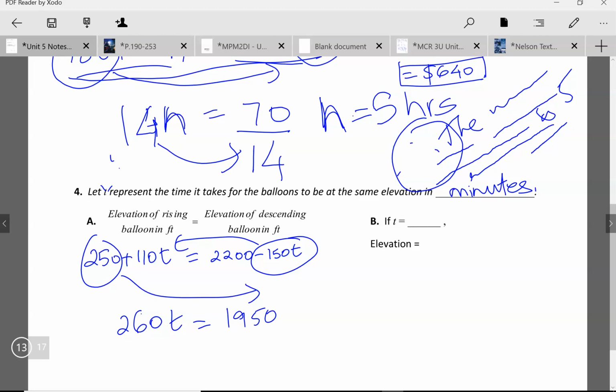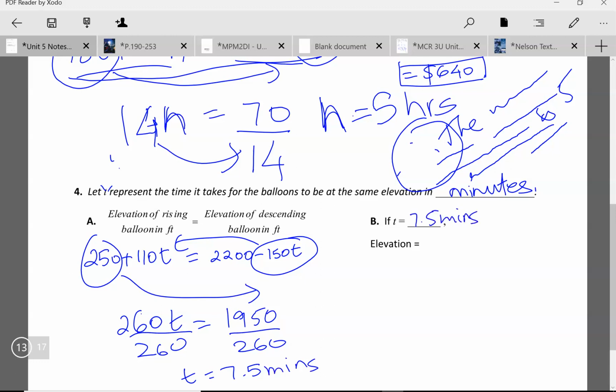This again does not really look like nice numbers, but let's see, what is this going to equal? 1950 divided by 260 is 7.5. That's not bad. Again, we'll divide both sides by 260 and t equals 7.5 minutes, of course.